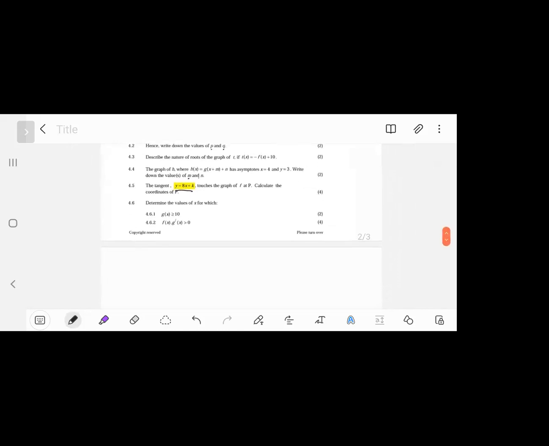Do you agree, if I have h of x equals 3 over x minus 4 plus 3, what are the asymptotes of this function?